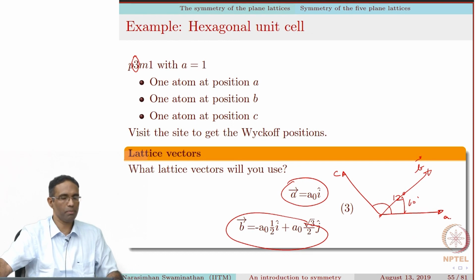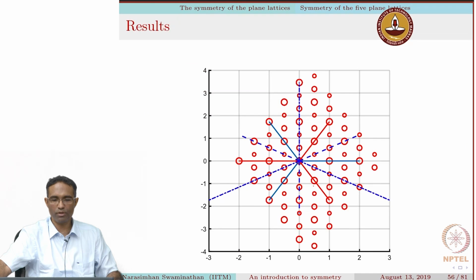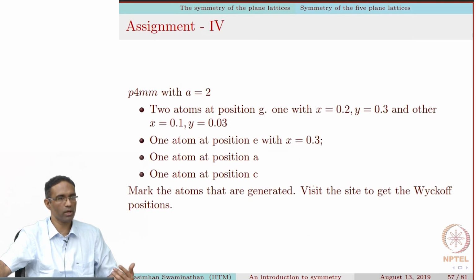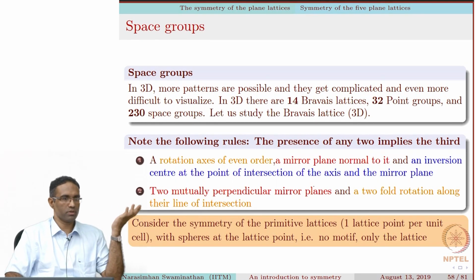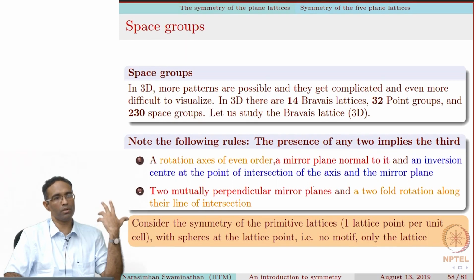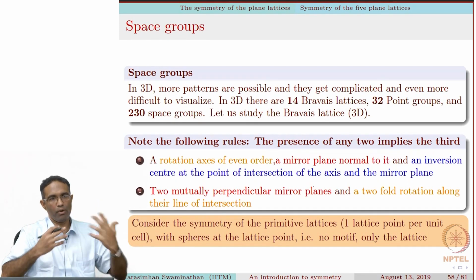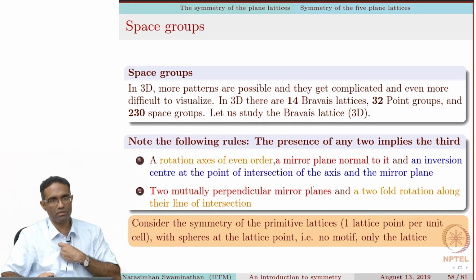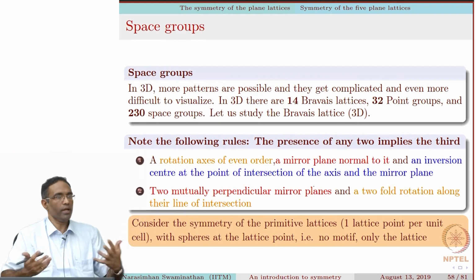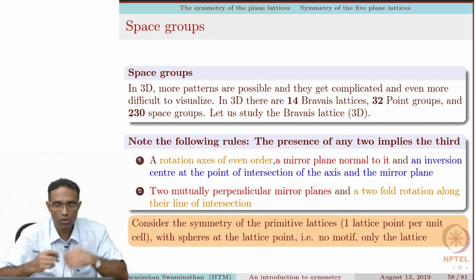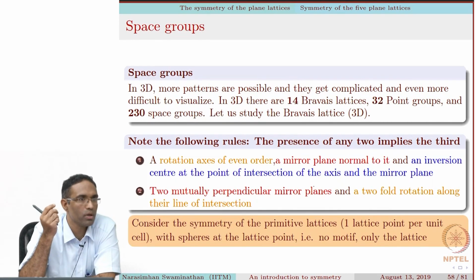So with that being said, it's important for us to now move on and start talking about space lattices. We talked about plane groups when we were talking about two-dimensional stuff. When we talk about points arranged in three-dimensional space, we start talking about space lattices, space groups, and point groups in 3 dimensions. Naturally, once you are in the third dimension, you have more possibilities.